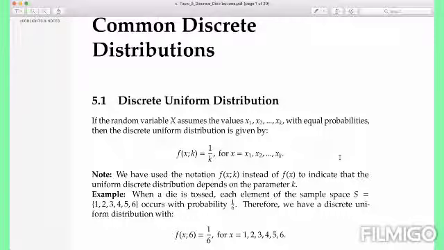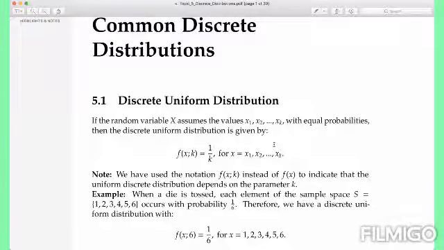It's a simple one: if you have, say, x1 up to xk possible outcomes from an experiment, each occurring with equal probability, then the random variable or the distribution arising from it will take on what we call a discrete uniform distribution.